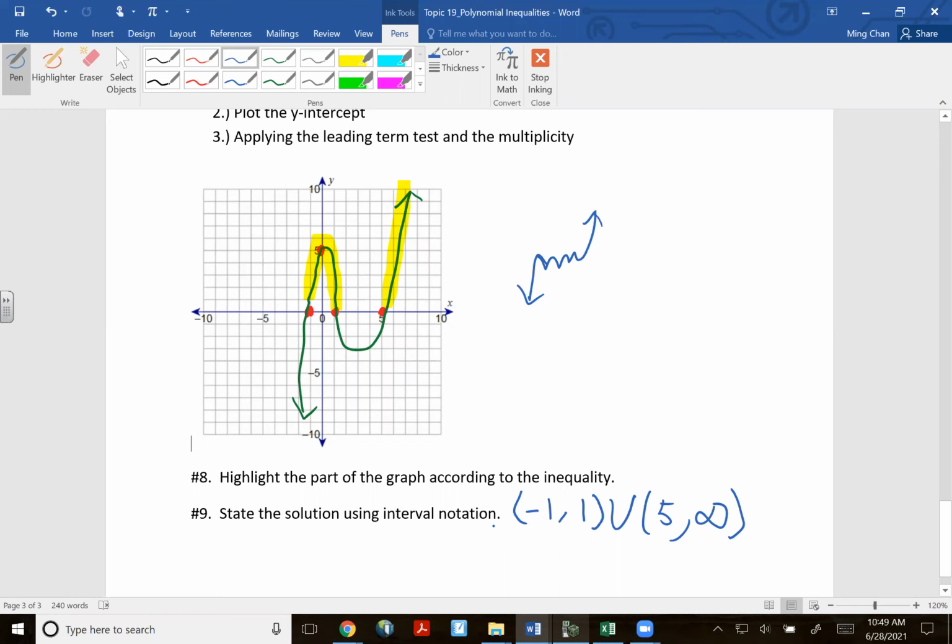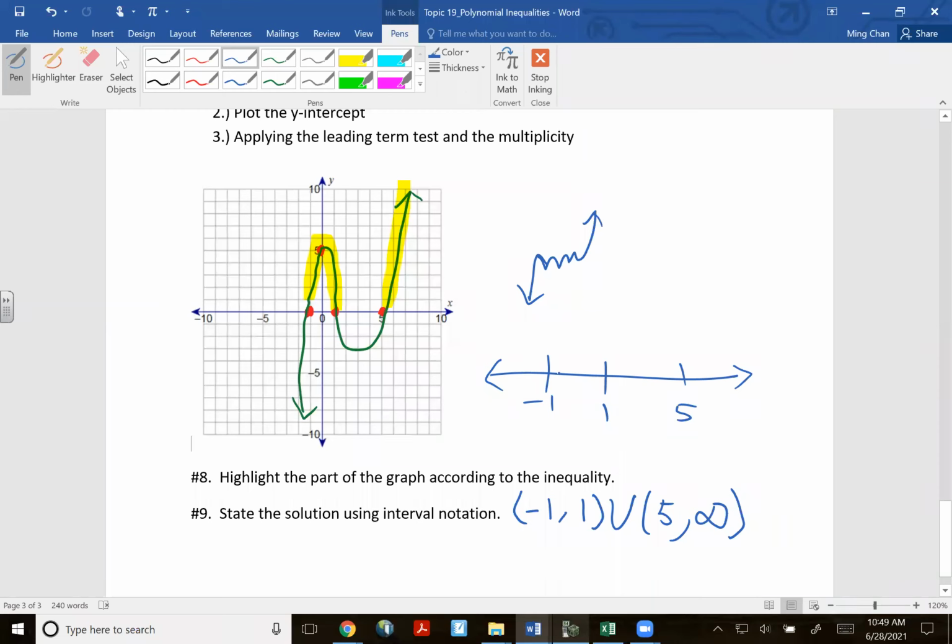Now, if you've seen something similar to this before, there's another way to describe this. Sometimes the teacher might show you a number line, and they're going to have -1, +1, and a 5 right here, and they're going to tell you to enter an x value to the left of -1, plug it in, and see what the y value is.